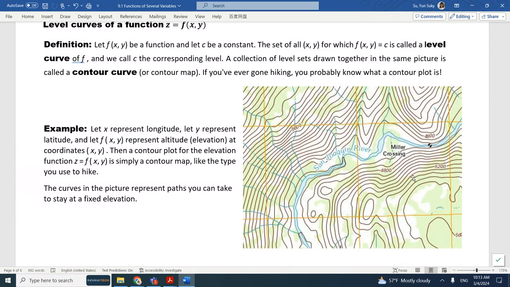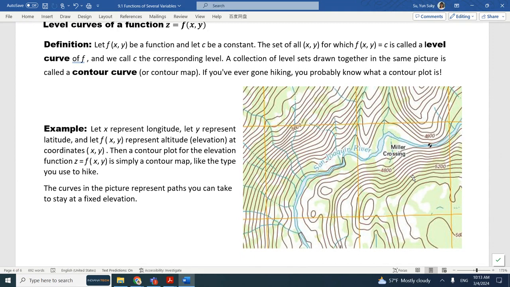So 4,800 means along this curve, they're actually the same height. Is it 4,800 feet or meters? I don't know. But you can imagine, if you go this way, your height is going to increase. But if you go this direction, your height is going to decrease. Right? You get higher up here.